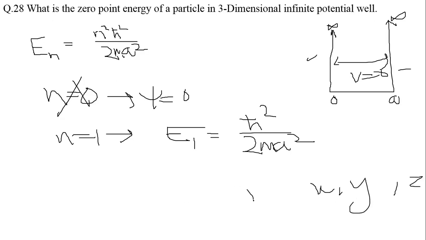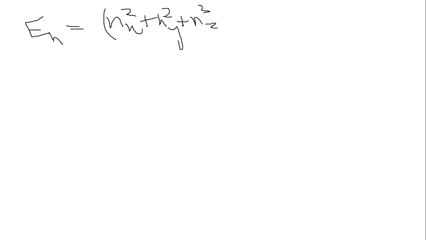So n will have three components: one in the x direction, another in the y direction, and another in the z direction. So the energy expression becomes En equals nx square plus ny square plus nz square, times h cross square by 2m a square.